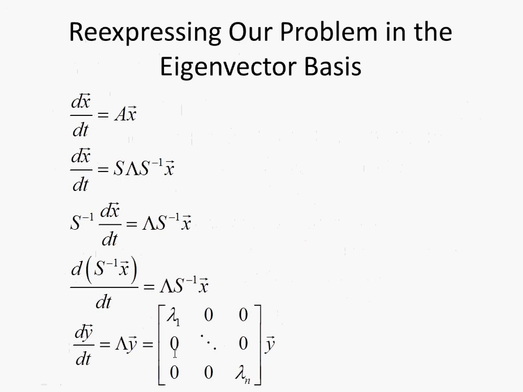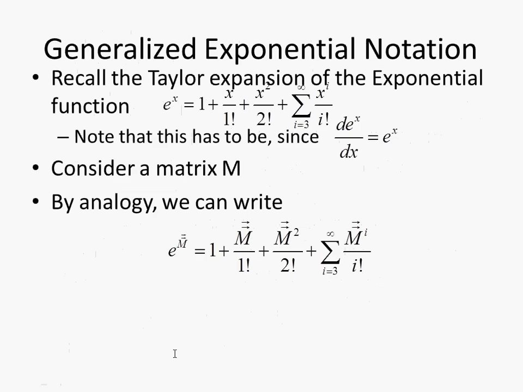So e to the matrix is just 1 plus, you just do the Taylor expansion in the same sort of way. Okay. And here is the matrix over 1, matrix squared, in other words, matrix multiplied times another matrix, over 2. So we can actually write the solution down immediately in terms of that.